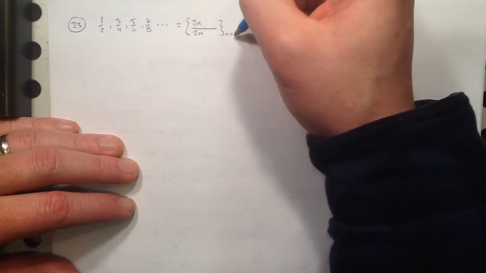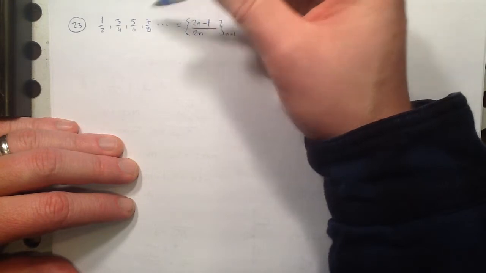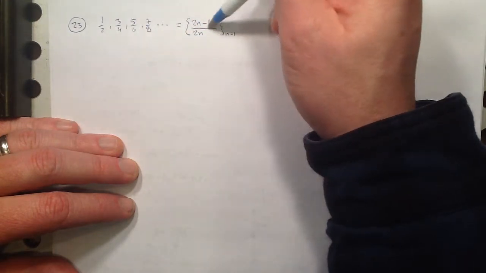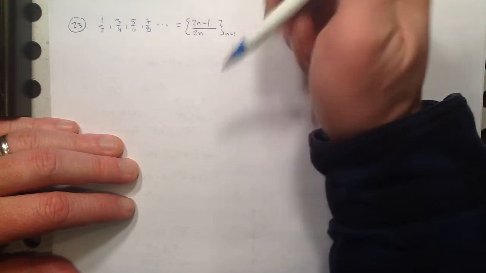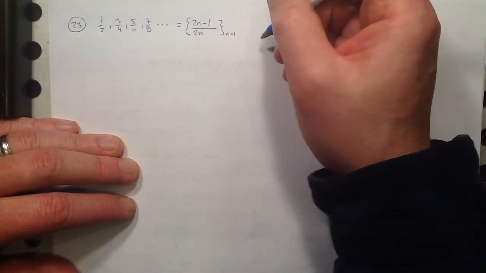And then on the top, if I plug in 1 here, I get 2, but I want it to be 1, so I need to subtract 1. And then you can check those. So that's numbers, patterns where it just increases by the same amount. You need your slope, how much it's going up by each time, and then you just adjust so that the first number is the right number. So there's the general term.